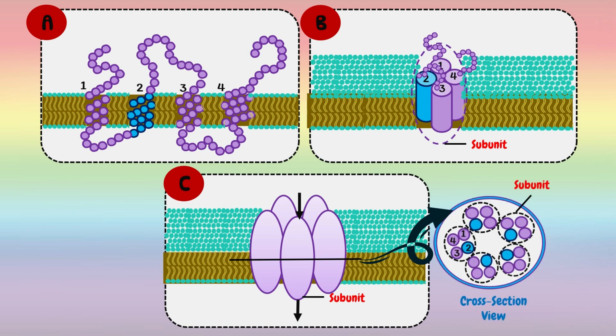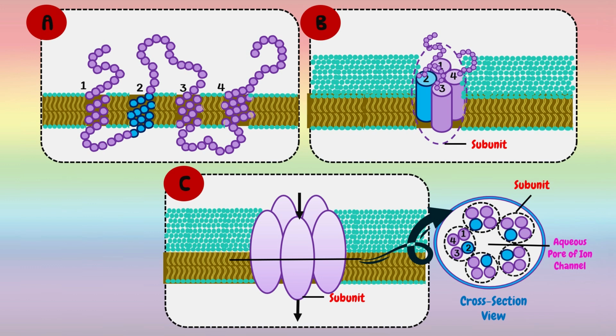Now let's cross-section it. The helical transmembrane segment 2, which is in light blue color, of each subunit forms each side of the channel opening, the presence of ionized amino acid side chains along this region determines the selectivity of the channel to ions.